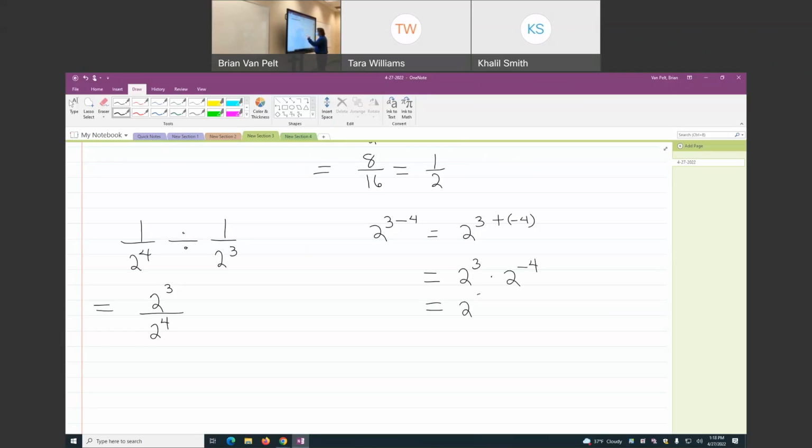Which equals 2 to the 3 divided by 2 to the 4. Which is identically what we got over there. So the rule that I'm going to look at is this exact thing up here.